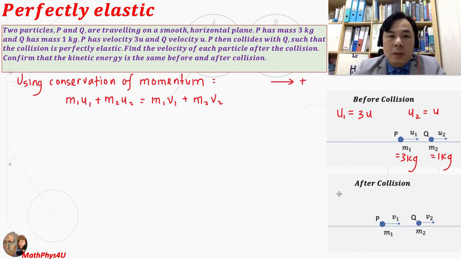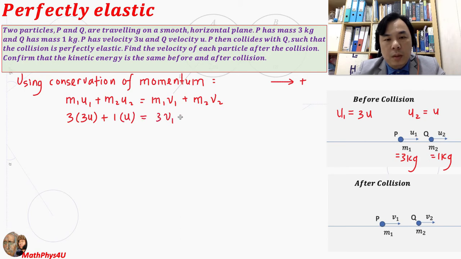Now we're going to plug in all the information that we have. We have 3u plus 1, the other one is u, and the same goes for the right side, 3v1 plus v2.